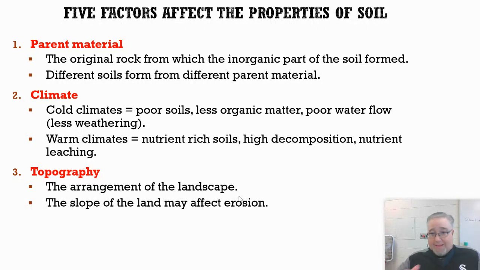It's kind of the lay of the land. If it's a really flat area of land, that soil might be a little bit different than if there are a lot of rolling hills and things like that, because the slope of the land may affect erosion, and even weathering. That has an effect on soils.